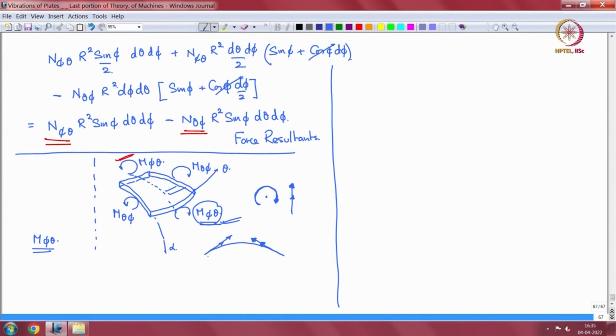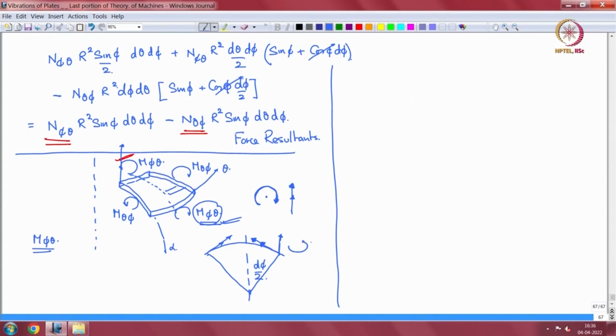Okay, and that angle, let us say, is d phi by 2. d phi by 2. Okay, and what component causes the rotation about alpha 3? This is my alpha 3, right? So the vertical component causes rotation.